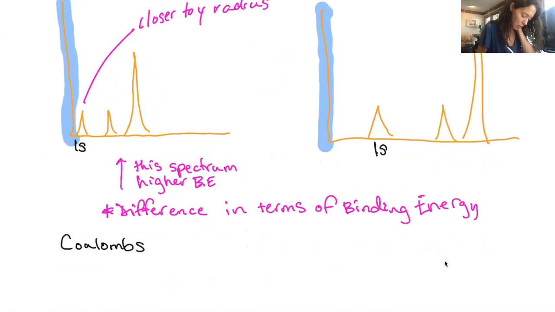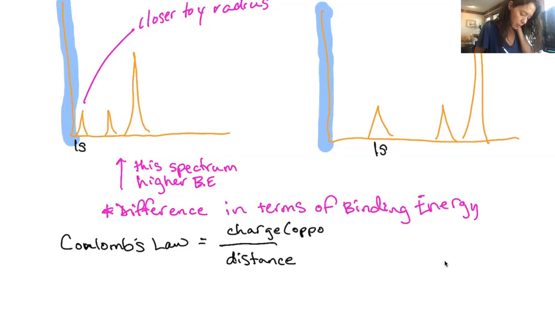I said we're going to talk about Coulomb's law a lot in the next few days, and we are. It says that we've got something about distance here. Now, this is not the actual mathematical formula, but these are the variables involved. You won't need to calculate. But here we have charge, opposite. We are talking about oppositely charged particles, the negative and the positive, the proton and the electron.